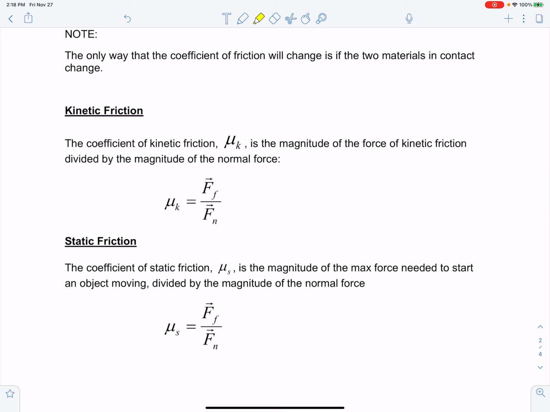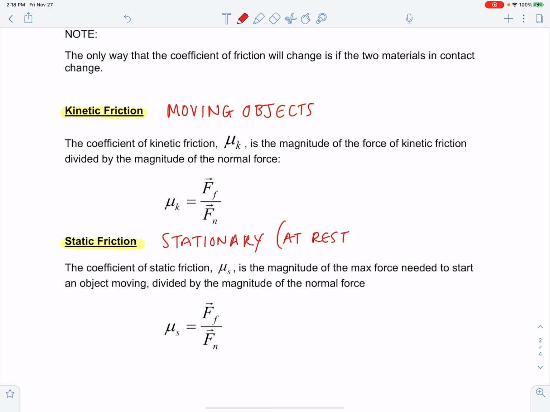As I mentioned, we have two types of friction: kinetic friction for moving objects and static friction for objects that are at rest or stationary. These equations are identical.